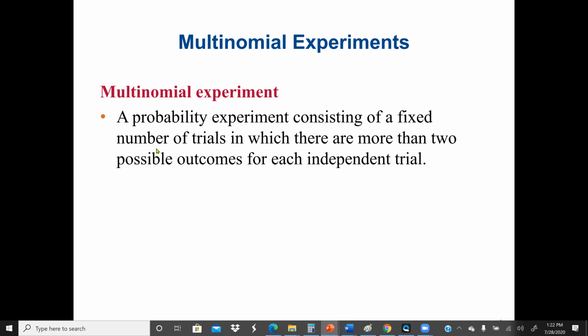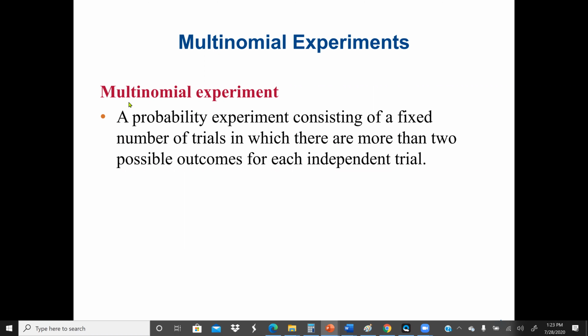The first thing we're going to learn here is what a multinomial experiment is. It's where we use chi-square distribution testing for fit, because here we can have different categories of outcome of an experiment.